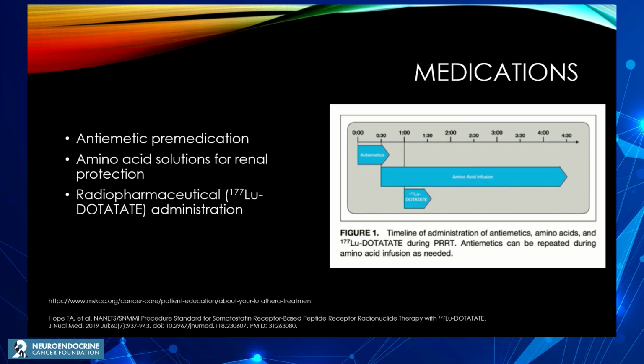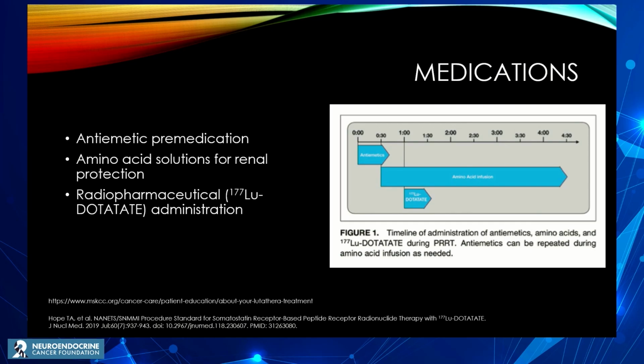So the first thing that we have to do is antiemetic premedication. Afterwards, we start with the amino acid solution infusion, and this is for renal protection. After 1 hour from when the patient came to us, we start the infusion of 177 lutetium dotatate.